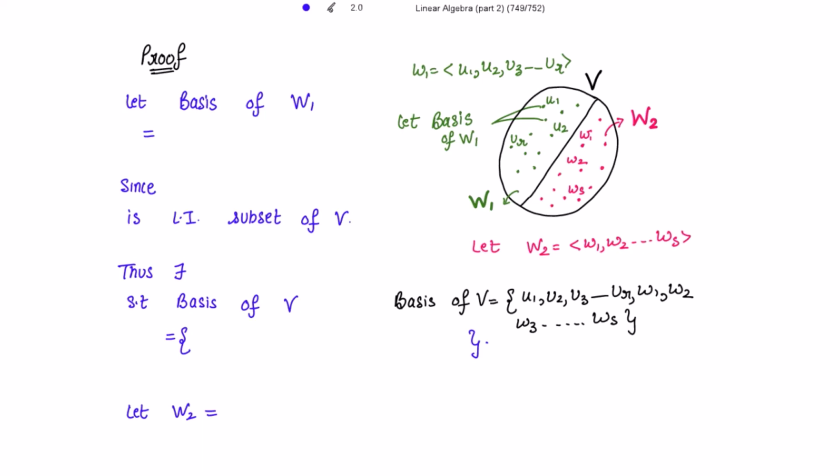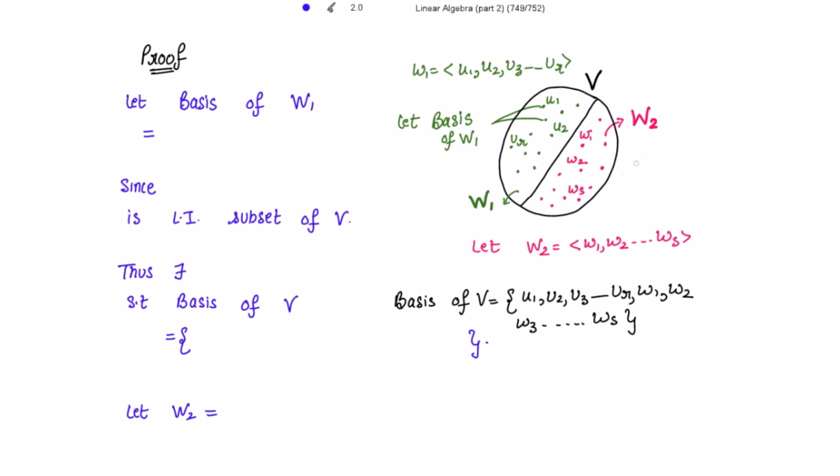So we can extend this linearly independent set to a basis of V. Suppose we extend it by W1, W2 up to Ws, then all these vectors form the basis for V: U1 up to UR and W1 up to Ws. The remaining part of V, we can say, is W2. These vectors W1 up to Ws generate the W2 subspace.